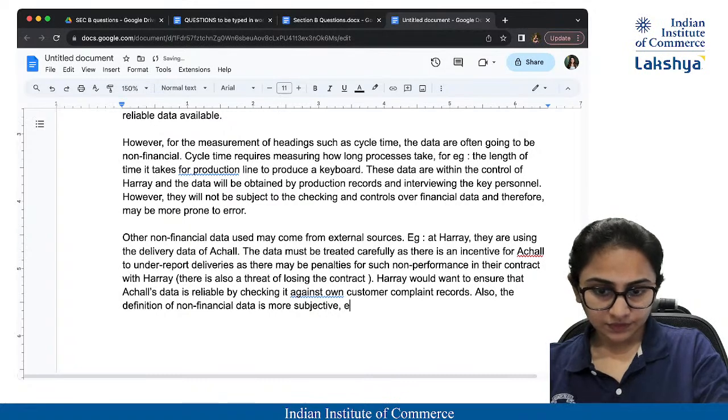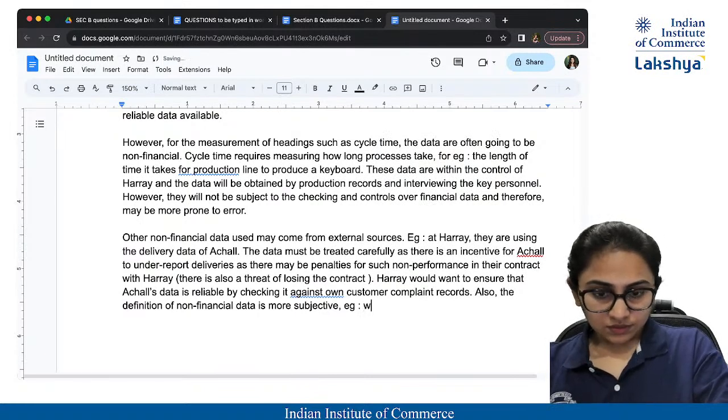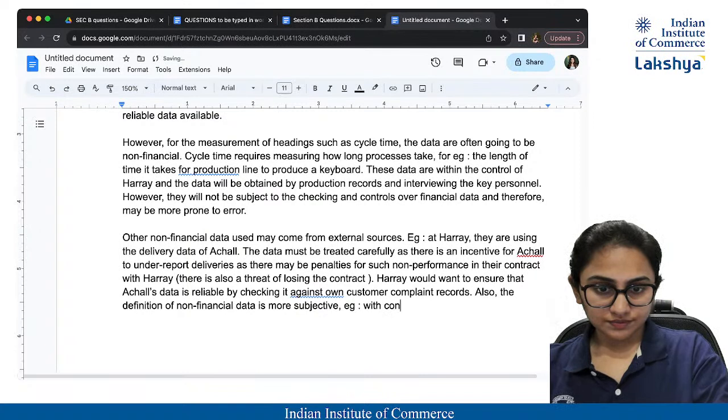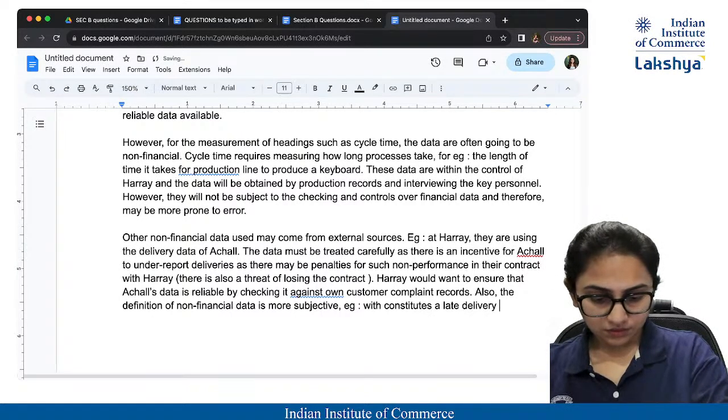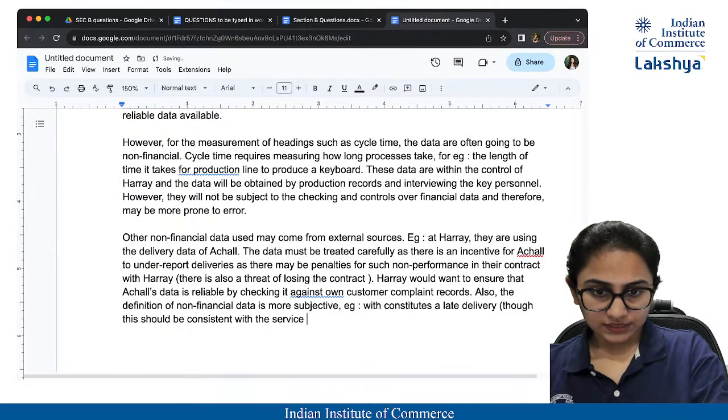For example, which constitutes late delivery, though this should be consistent with the service level agreed in the contract.